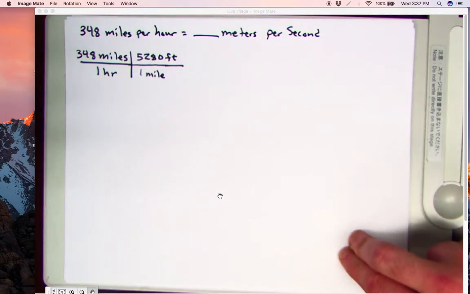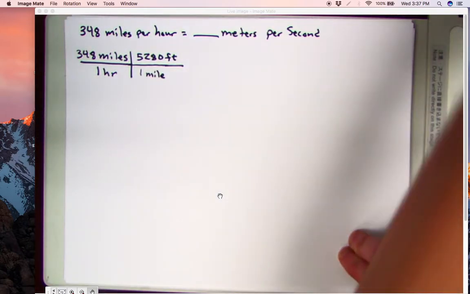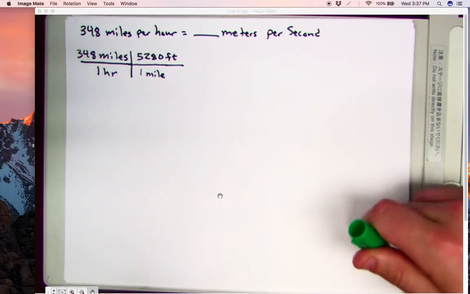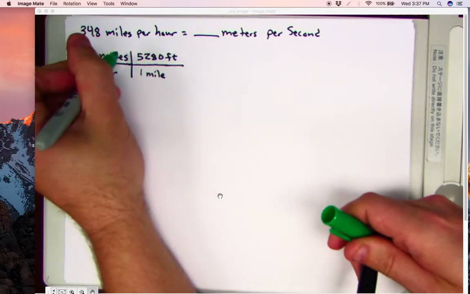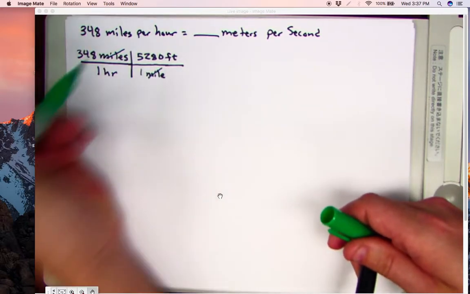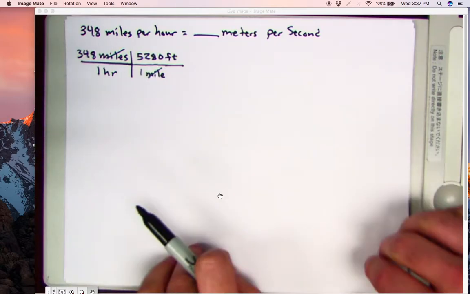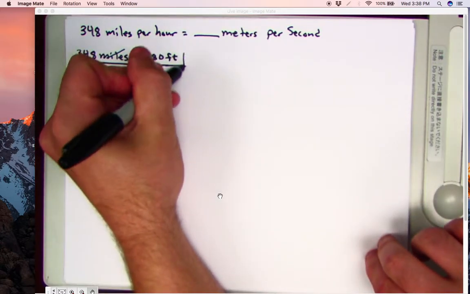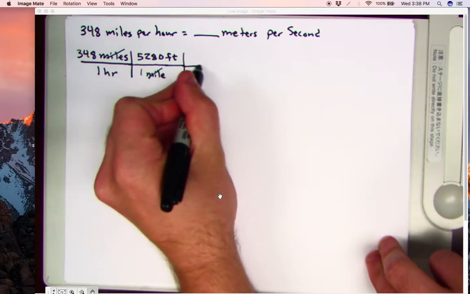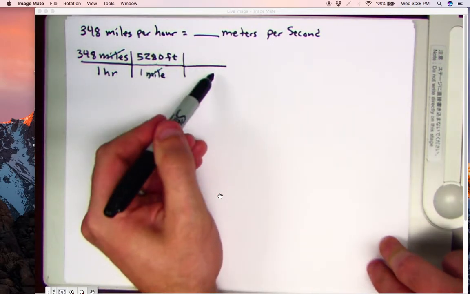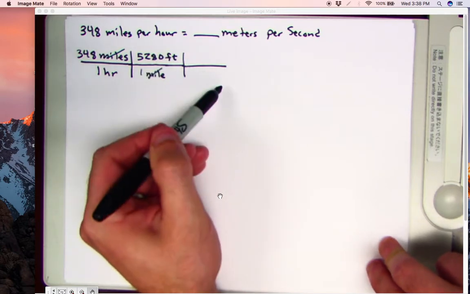What this says is that our mile unit would cancel out, and now we're just left with feet over hour. So we're going to take care of that feet measurement. If we have one on the bottom and one on the top, the feet unit would cancel out.